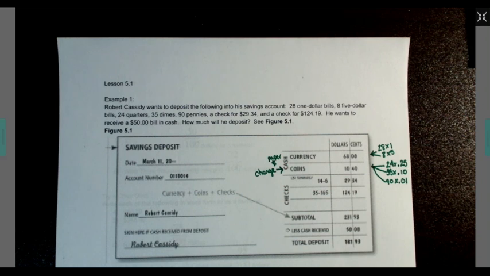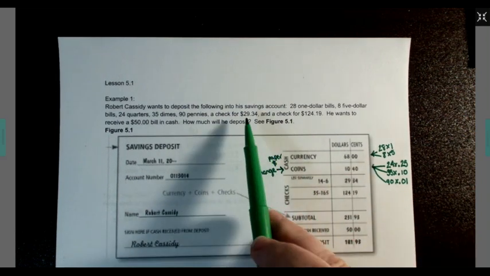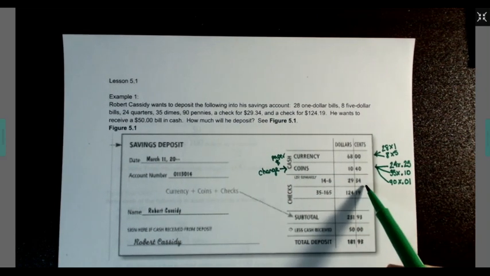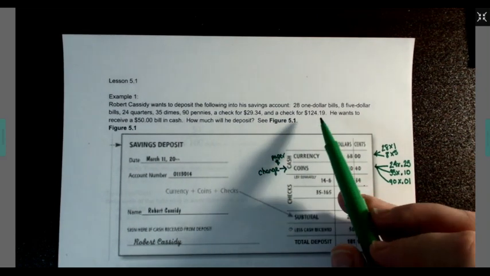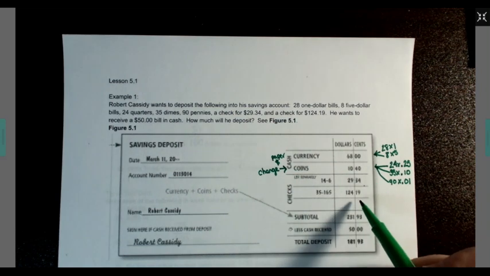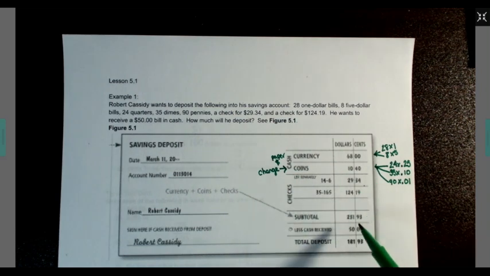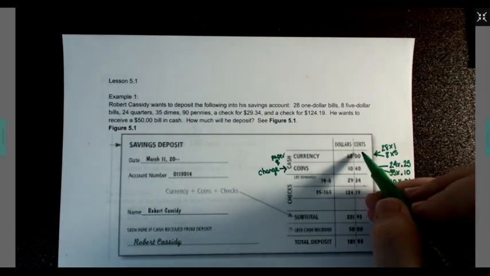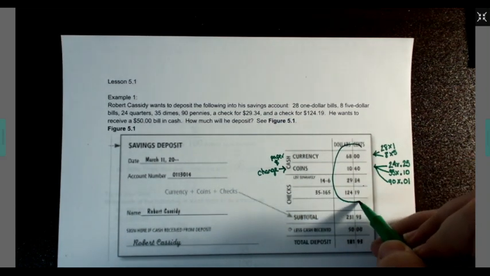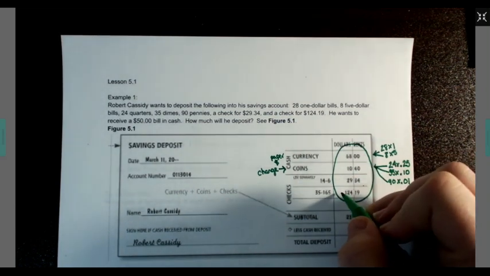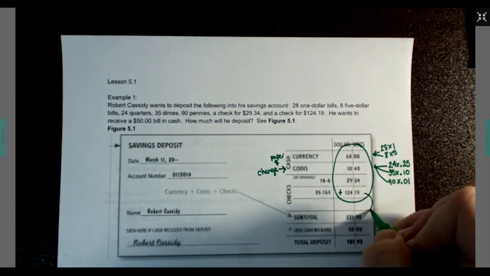All right. Notice they listed their checks separately. We had the check for $29.34. We had a check for $124.19. To find the subtotal, what they did was they took all of this, added it together to get this amount right here.